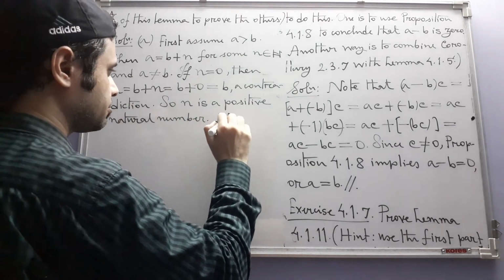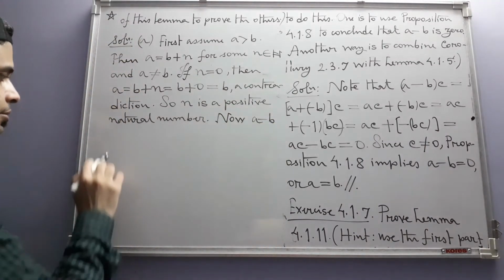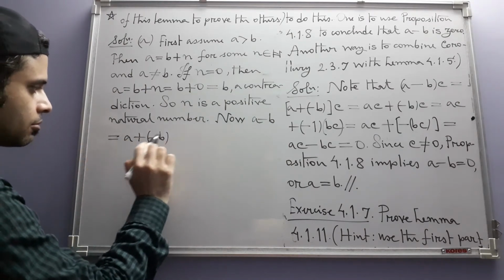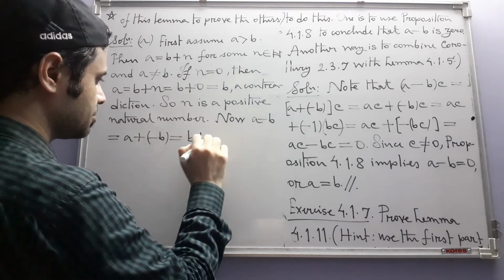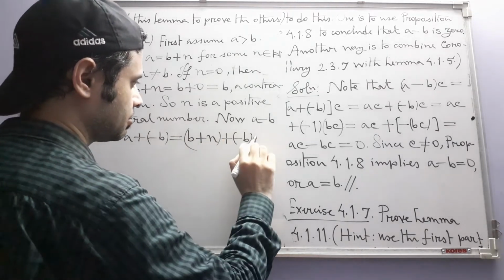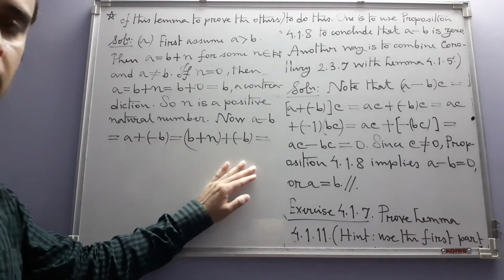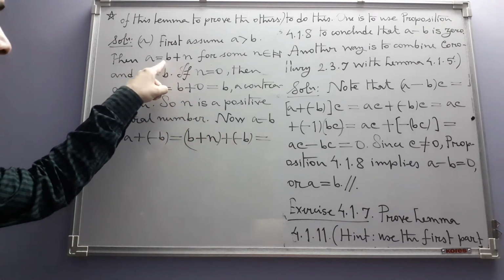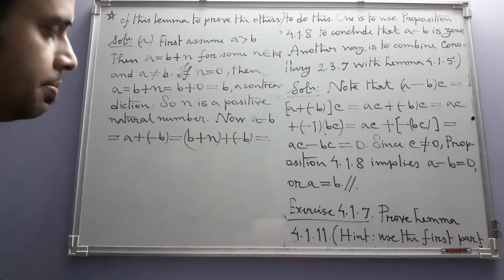Now, what about a minus b? a minus b is actually a plus minus b. Now, according to our expression for a, this is b plus n plus minus b. Don't take anything for granted because we are proving these properties for the first time. From this equation you don't directly write a minus b equal to n. You have to show why it is n.